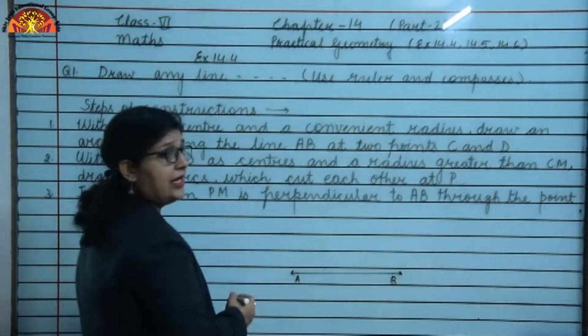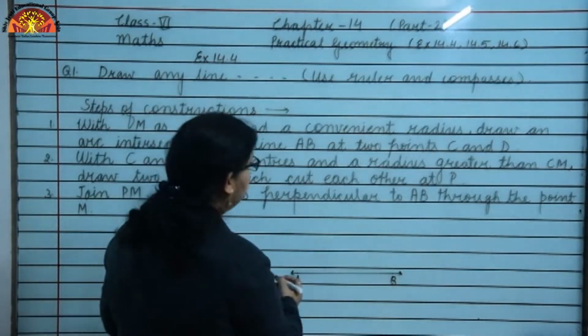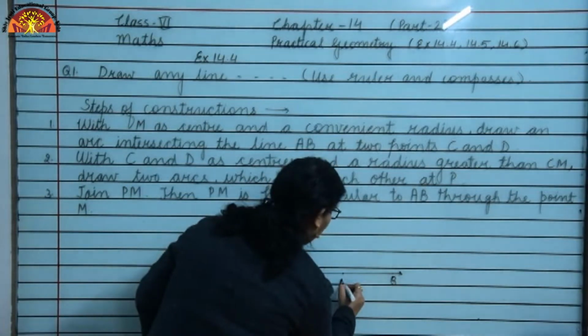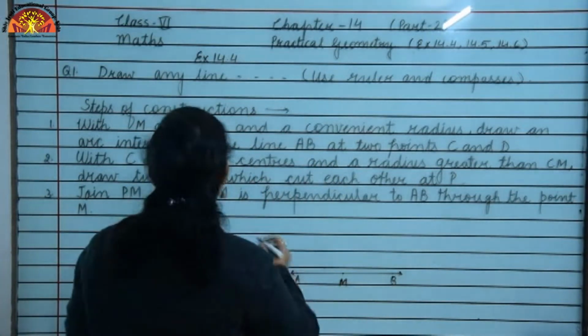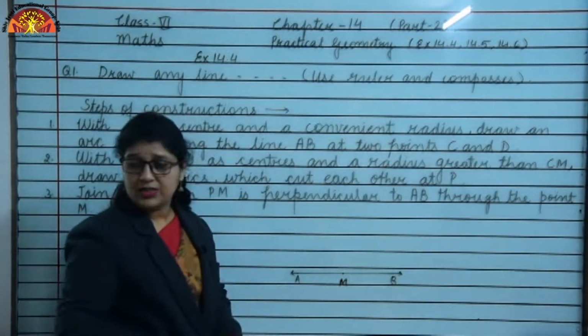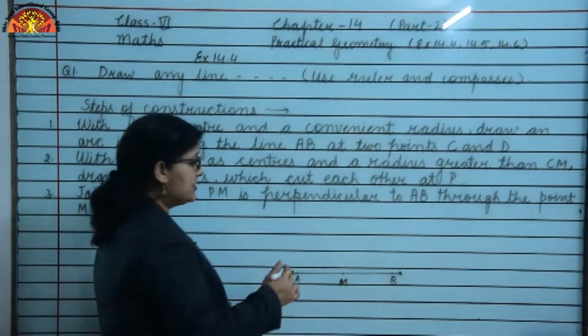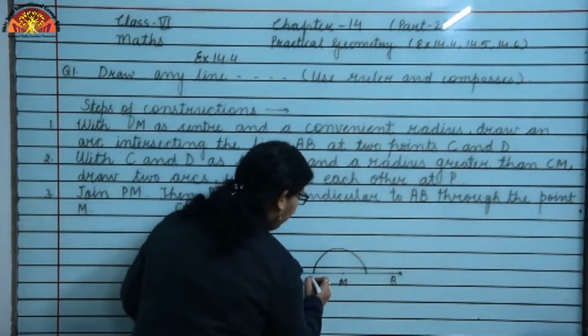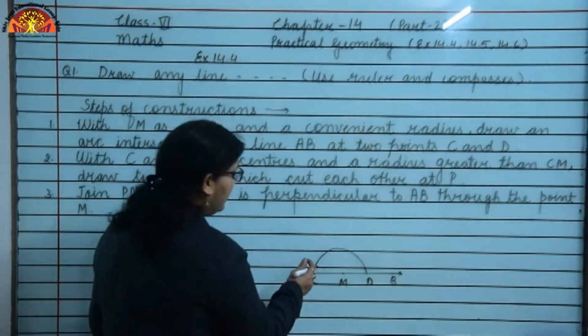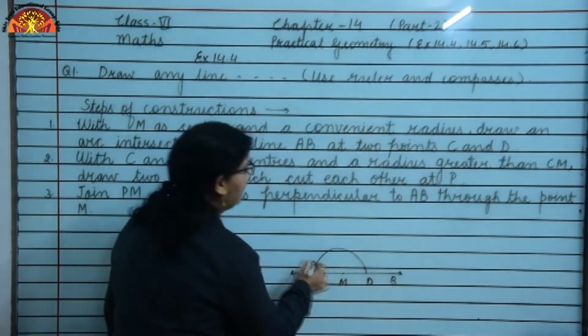Now, we take any point M on it. This is the point M and now we draw an arc with a convenient radius. With the help of compass, we draw an arc and mark C and D. Now, take more than half of CM.